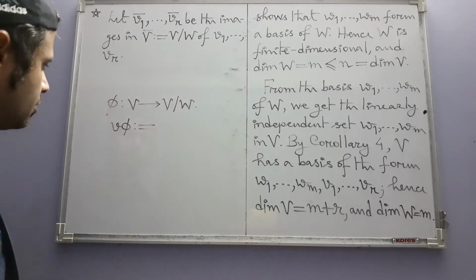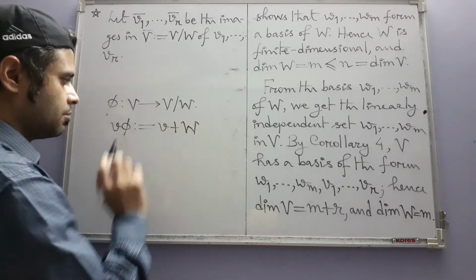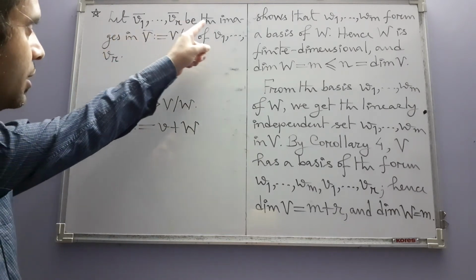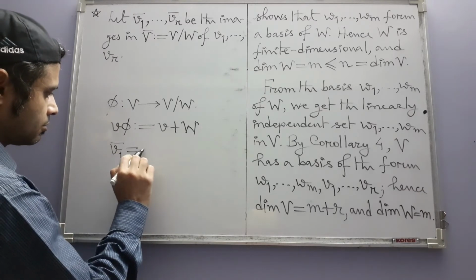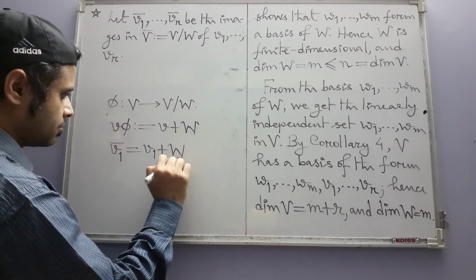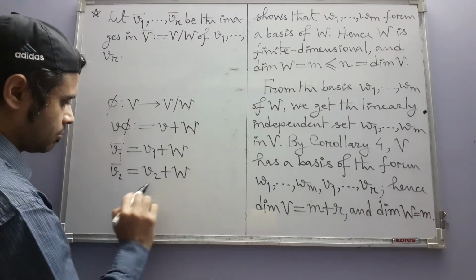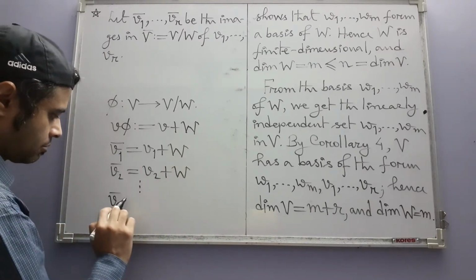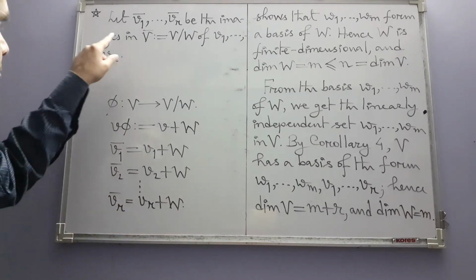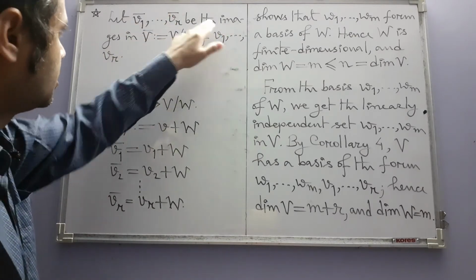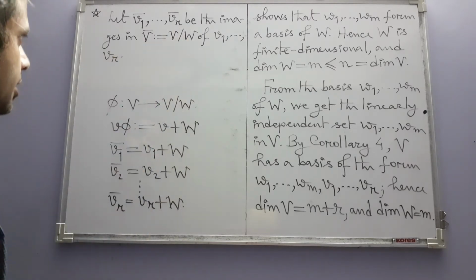Under this map, the image of the vector small v is the coset V plus W. So all these V1 bar, V2 bar, Vr bar, all these things you are seeing, they are just V1 plus W, V2 plus W, Vr plus W. And that is why this sentence makes sense: images in V bar, because these are elements in V bar. Okay, that's what they are.